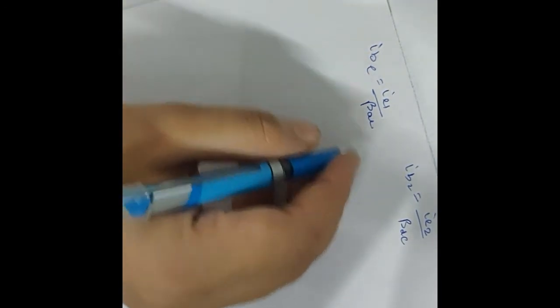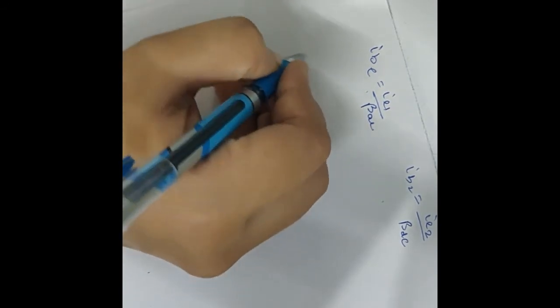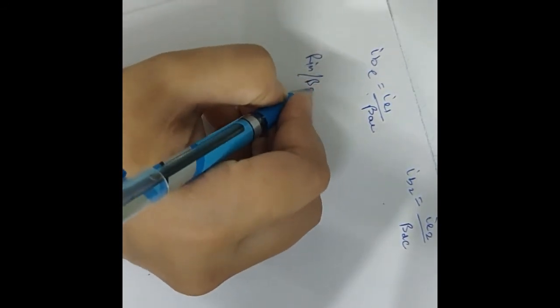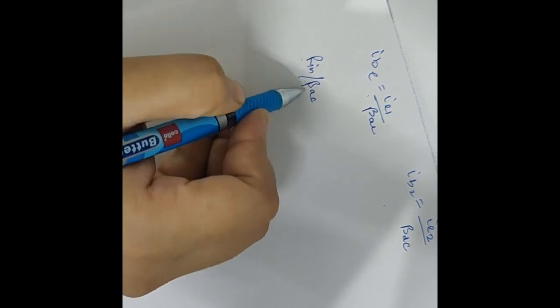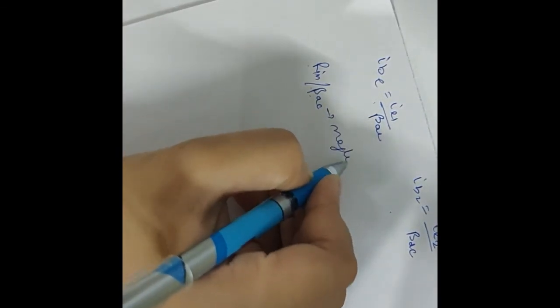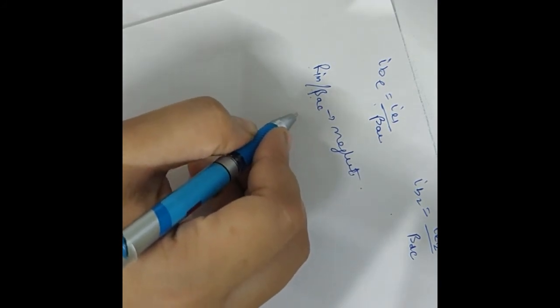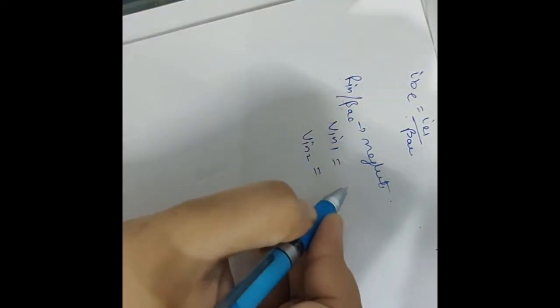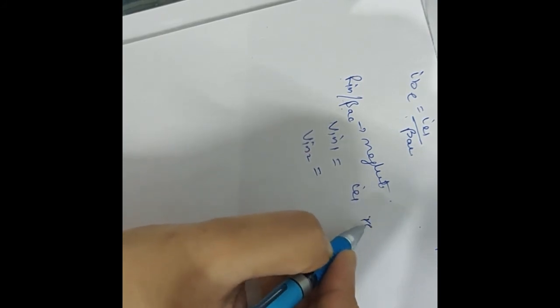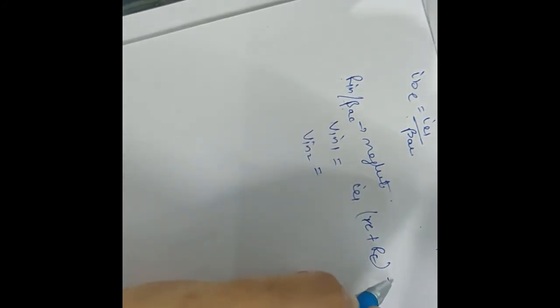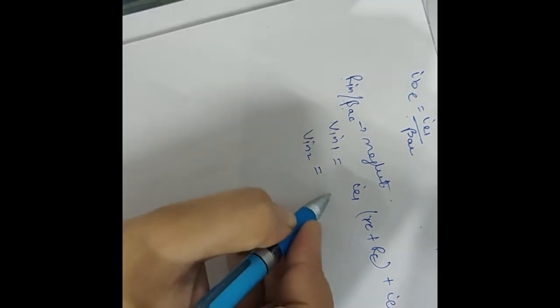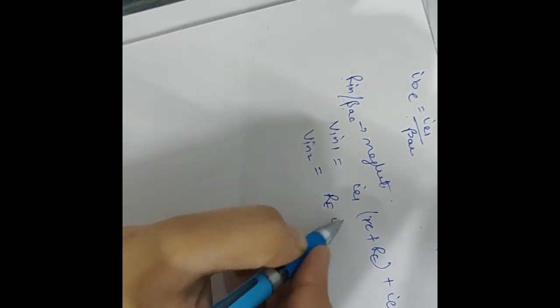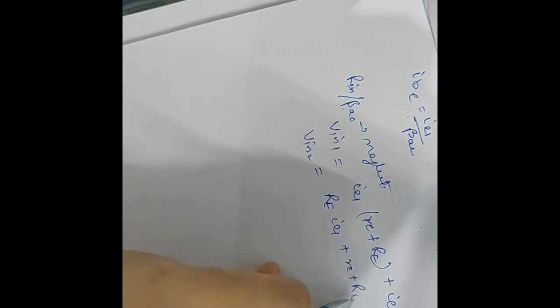By substituting these values in the previous equation and neglecting the ratio of Rin upon beta AC, we'll get two equations representing the input voltages V1 and V2: IE1 (re plus Re) plus Re IE2, and Re IE1 plus (re plus Re) IE2.